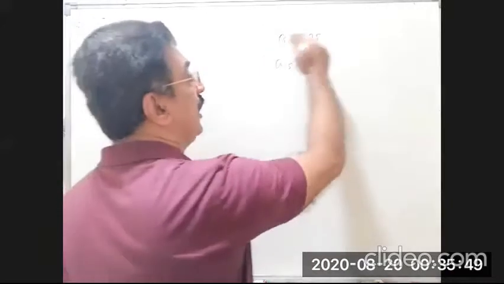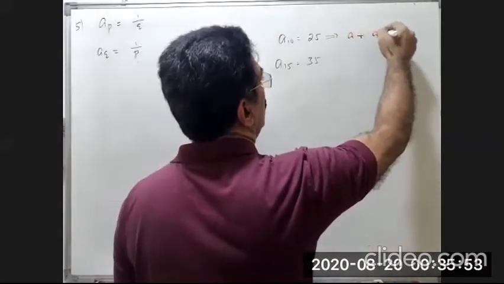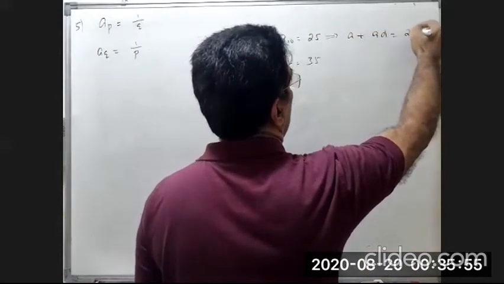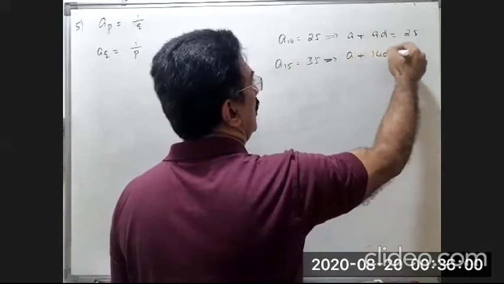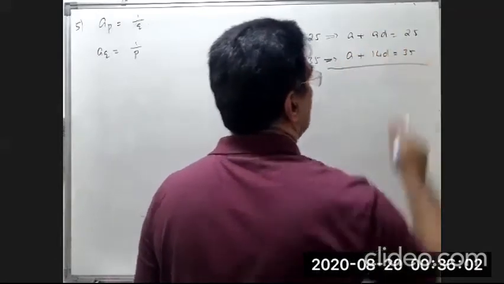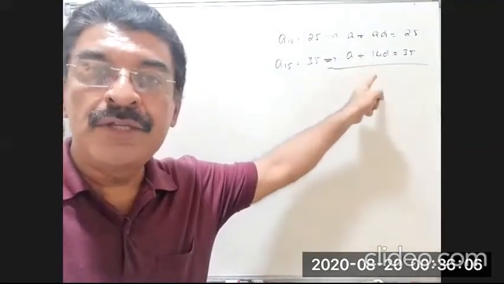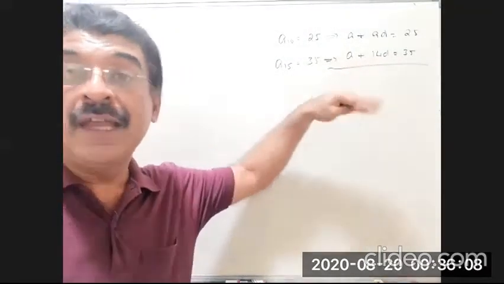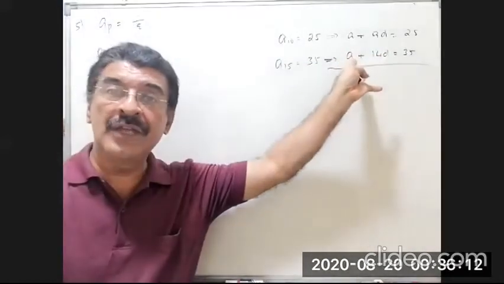We know a10 means the corresponding equation a plus 9d is 25, and the other one is a plus 14d is 35. If two positions are known, we get two corresponding equations in a and d.